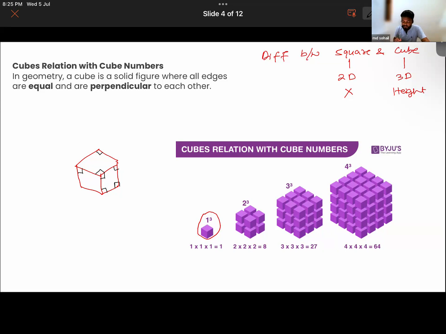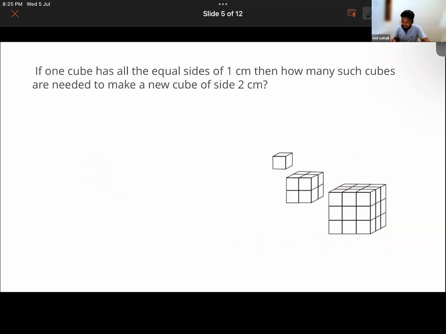So see this one here. If one cube has all equal sides of 1 centimeter, then how many such cubes are needed to make a new cube of 2 centimeter?